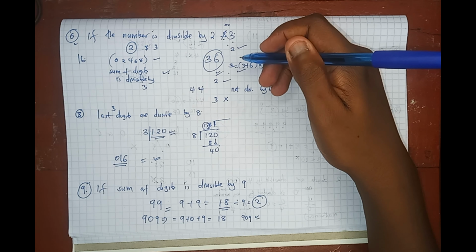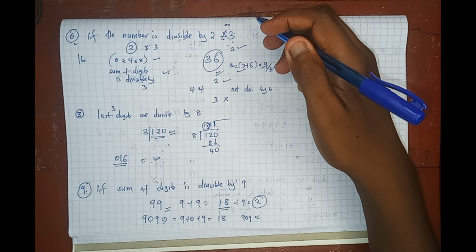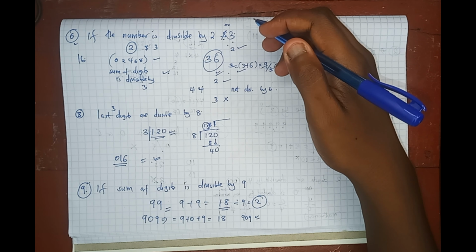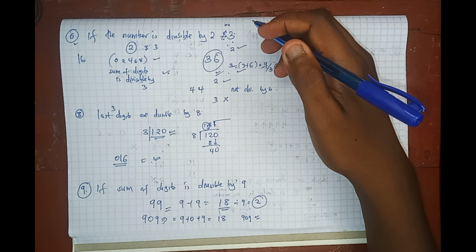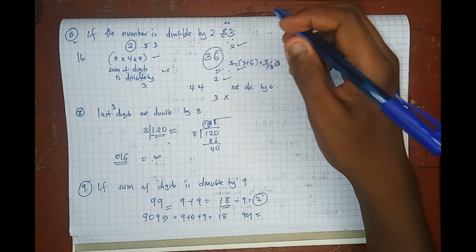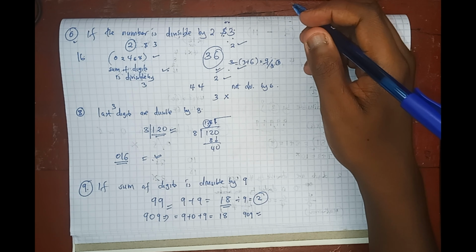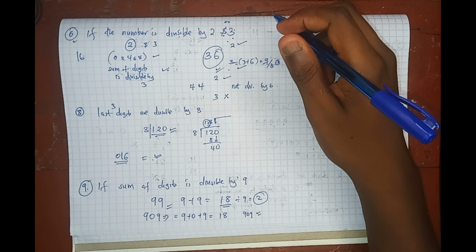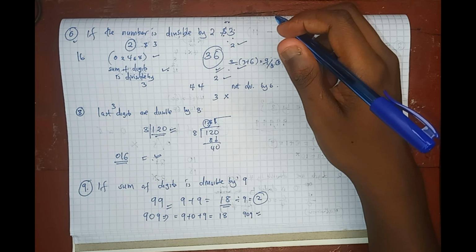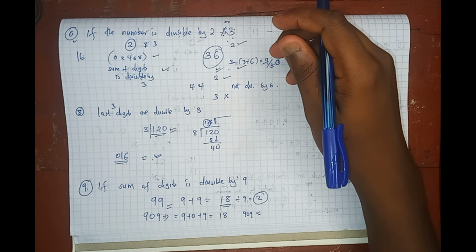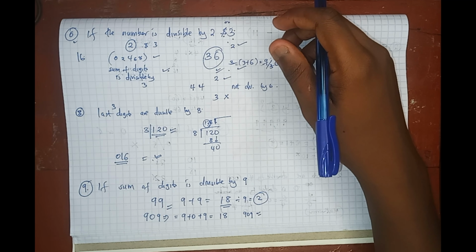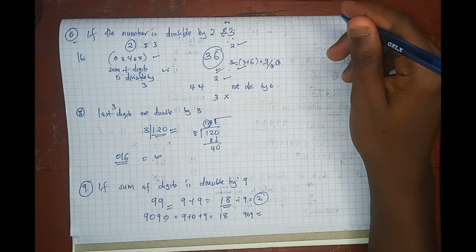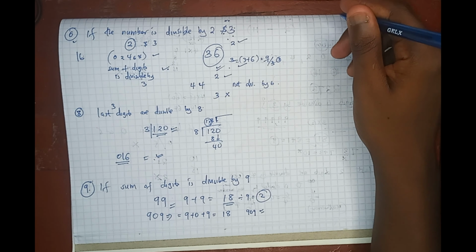For example, for 5, just check if the number ends with 0 or 5. For 2, check if the number ends with 2, 4, 6, 8 or 0. For the others, you have to know additional data. Now, that information is found in knowing multiplication tables. So I hope we have that down.